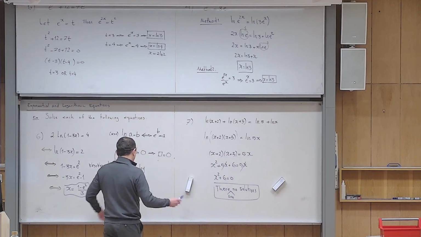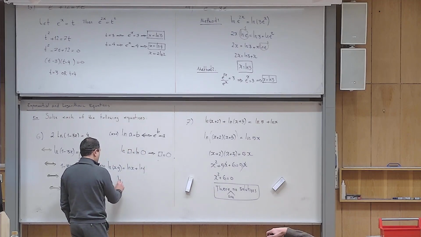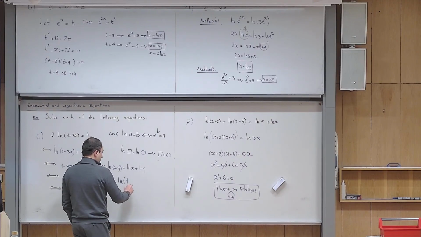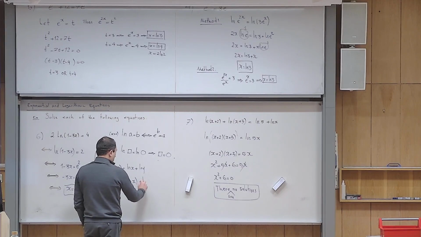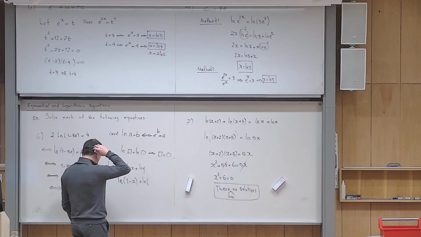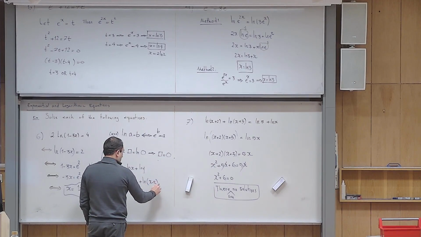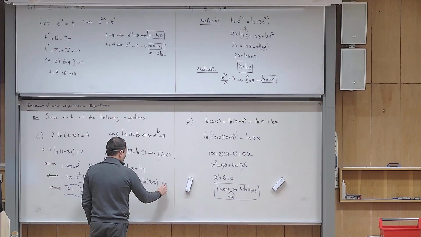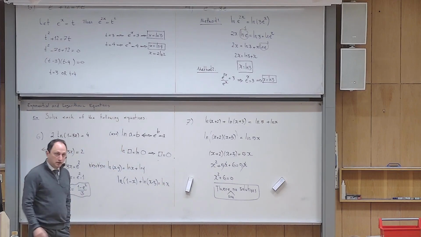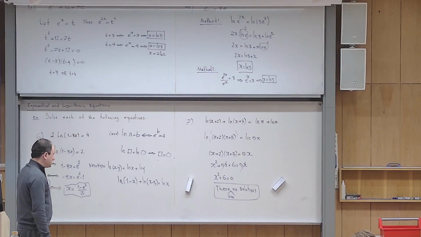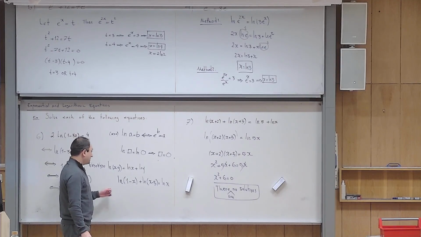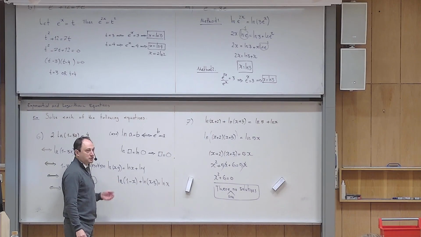Let me just give you an example. I would say ln of minus 1 minus x plus ln of x minus 5 is equal to, for example, ln of x, something like this. If I ask you to solve this, again, it is not correct to say the equation is wrong.